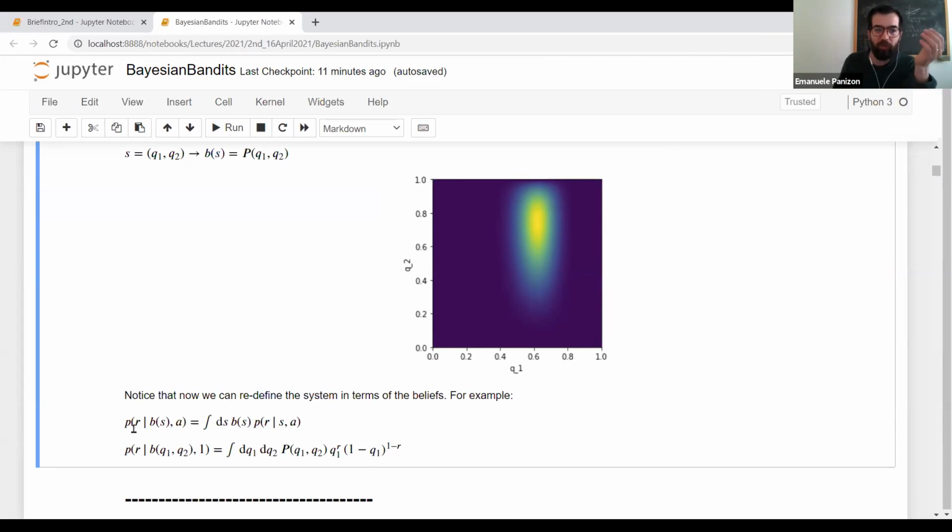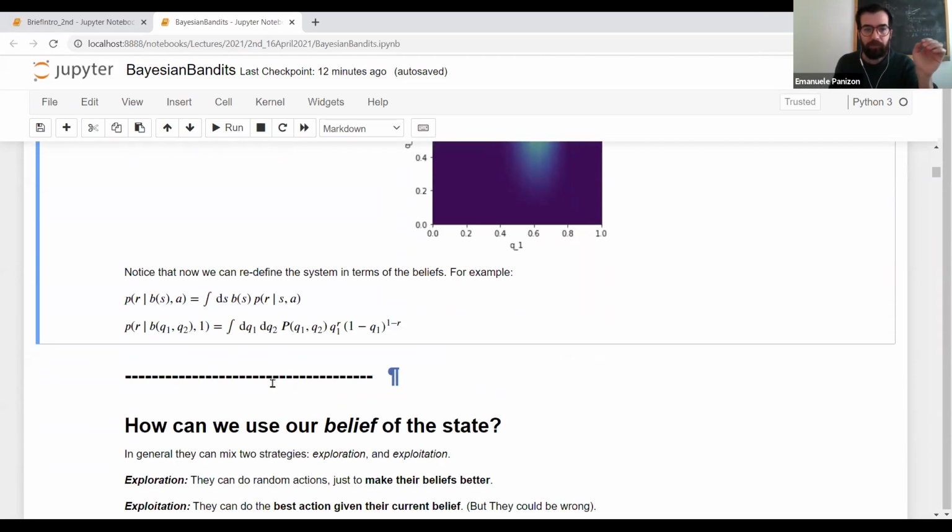So for example, if you have a probability of having a reward given a state, now you have a probability of having a reward given a belief, which just means that you have to integrate or sum over all the states, weighted by the probability of being in the state, which is the belief. So it's a complete shift from being in a single point to having to average over the probability of being in all points.